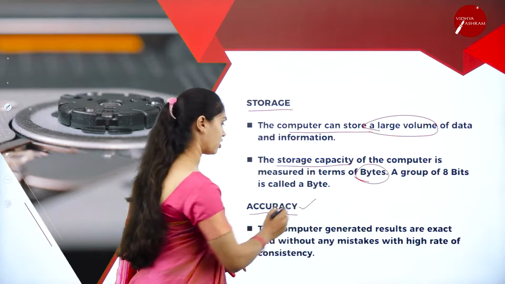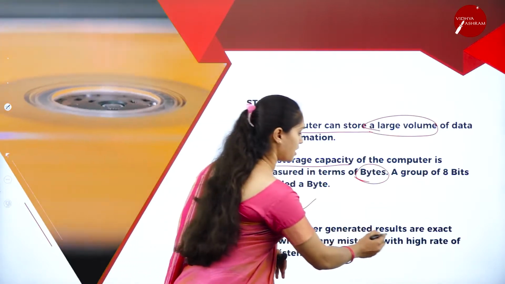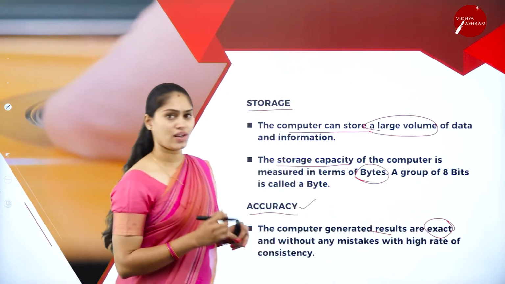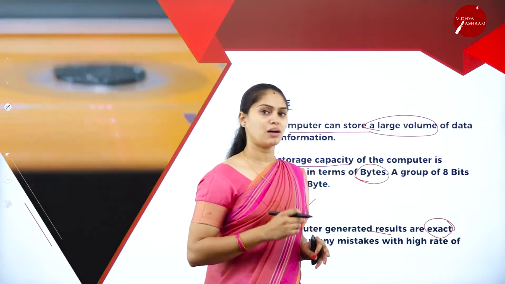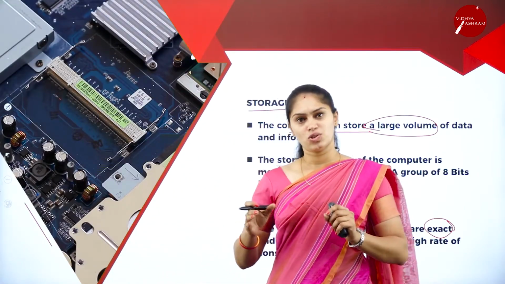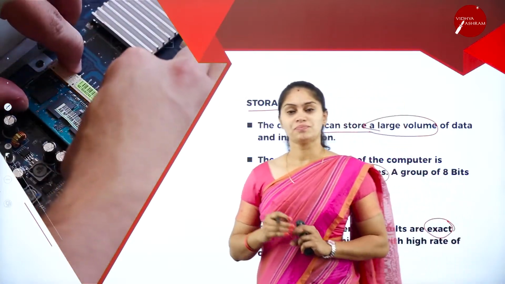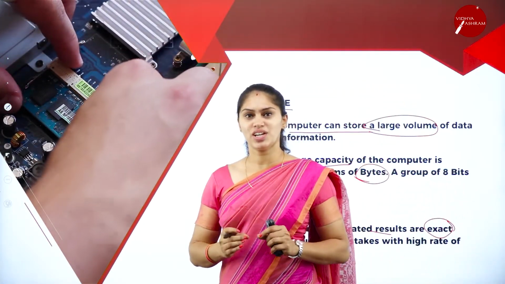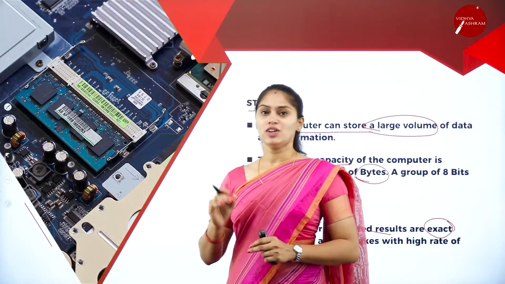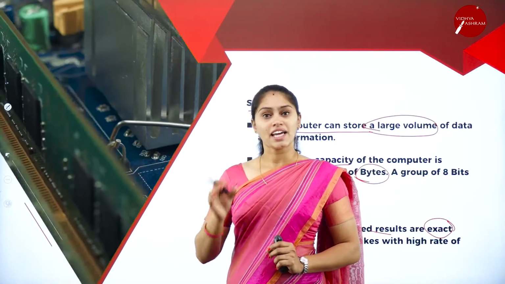If I consider accuracy, the computer generated results are exact. So it is always exact. If I ask the computer to add 2 plus 2 in the morning, it is going to give me the result as 4. If I ask the same question, 2 plus 2, at night, it is also going to give me the accurate result.